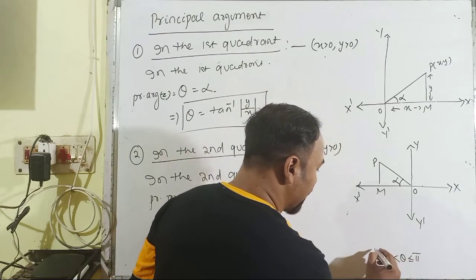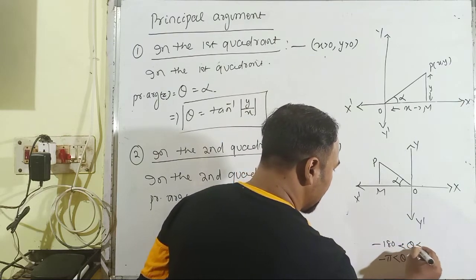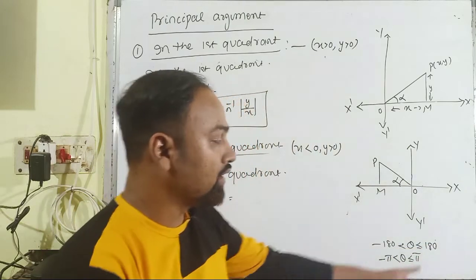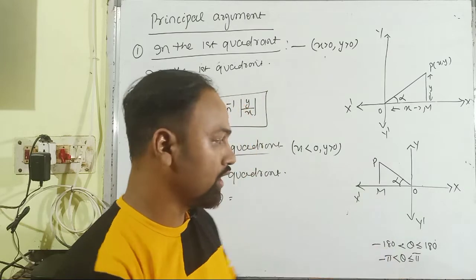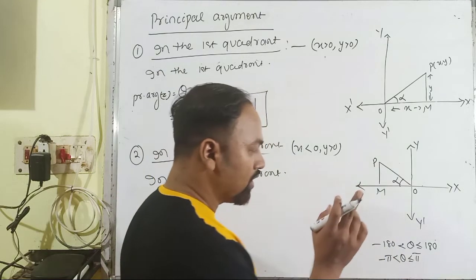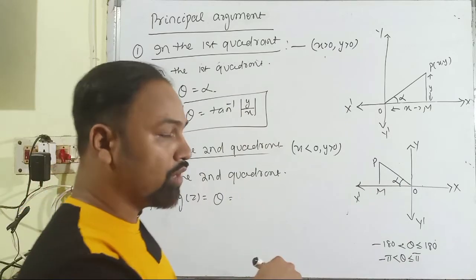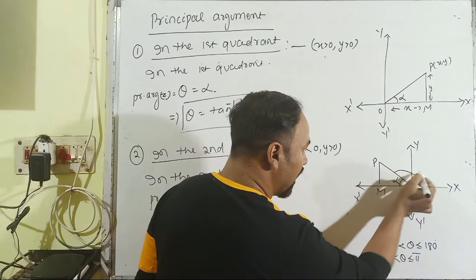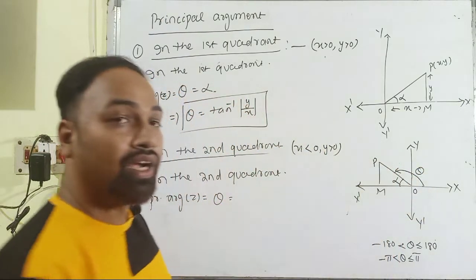That means the angle must be between minus 180 degrees and 180 degrees, including 180. So first of all, we have to find the angle of rotation from the positive direction of the x-axis. That is the principal argument of z, so it is theta, and it is measured in the anti-clockwise direction.